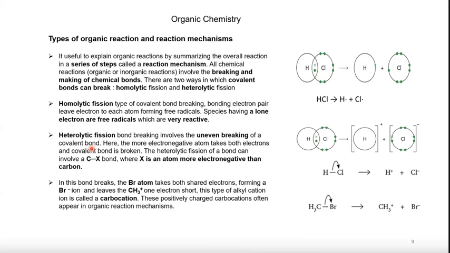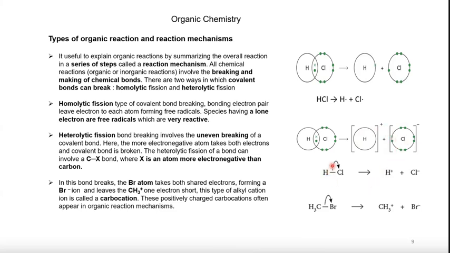If we break this bond, the electron pair goes with the electronegative atom, and we get a cation and an anion.